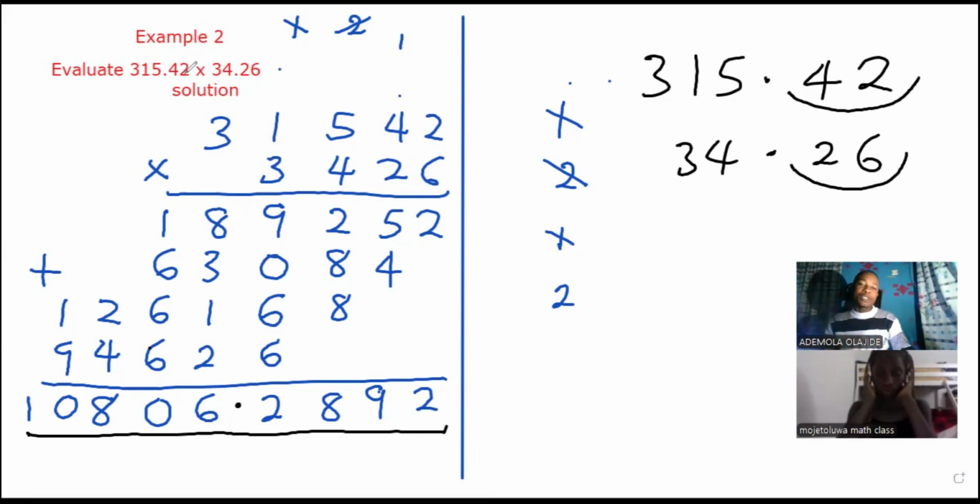Now, come to multiplication. What is the idea of multiplying? How do we multiply numbers in decimal? So in multiplication, we know that we have decimals, right?